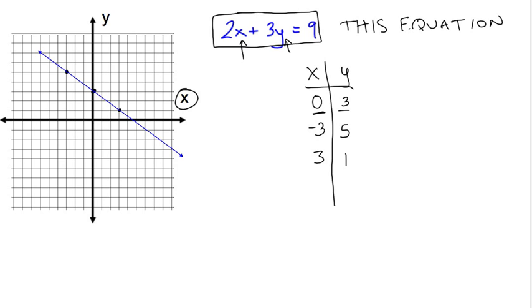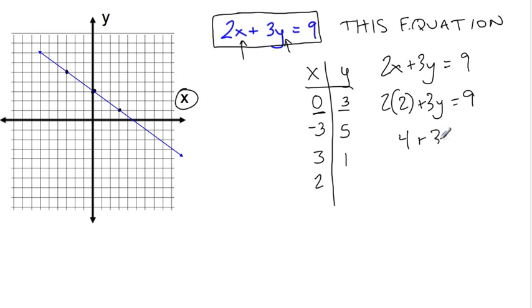But what if I do this? What if I pick 2? Oops, let me write the whole equation out for you. So I plug my 2 in there. 2 times 2 is 4. 4 plus 3y equals 9.